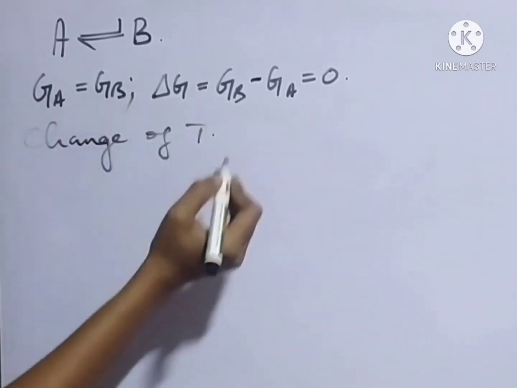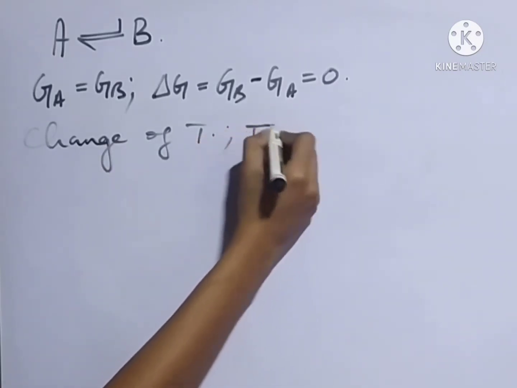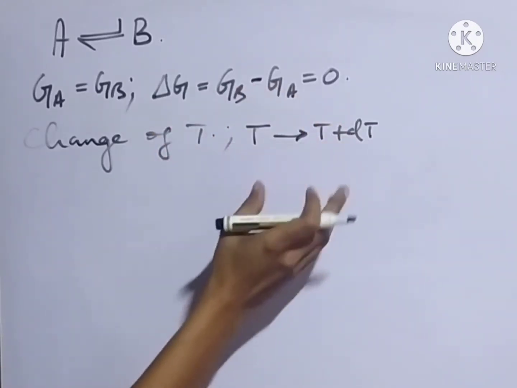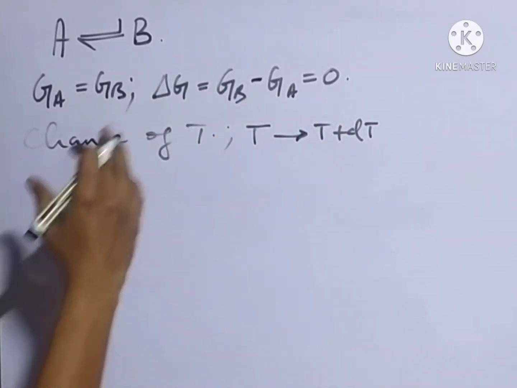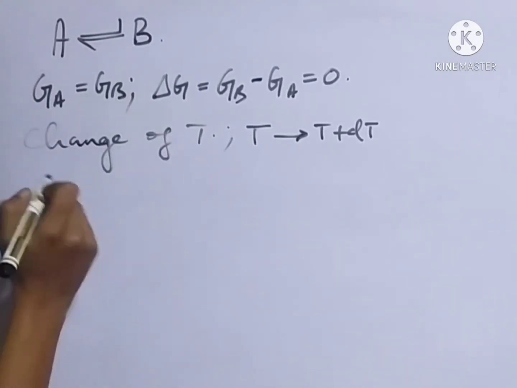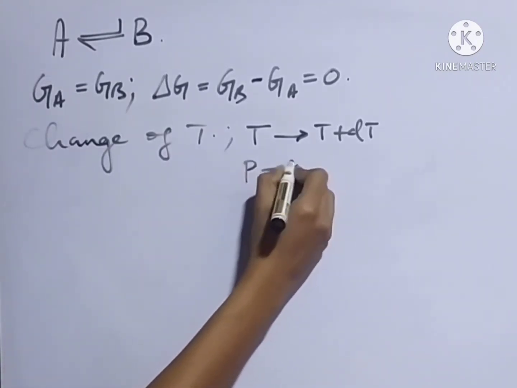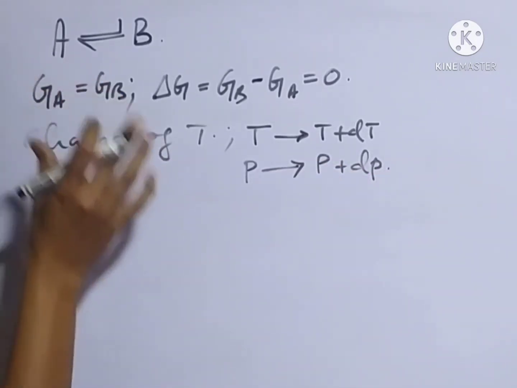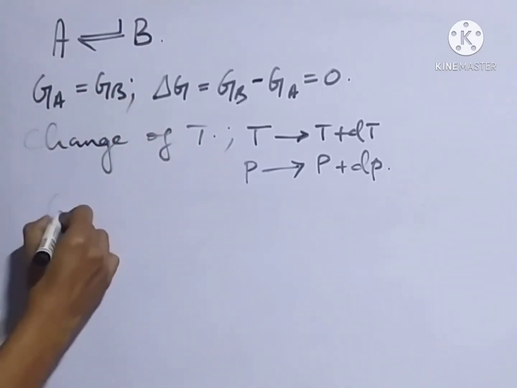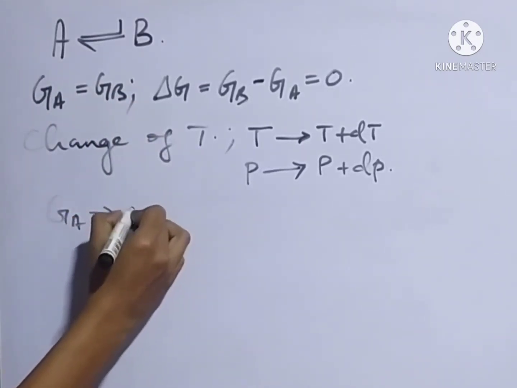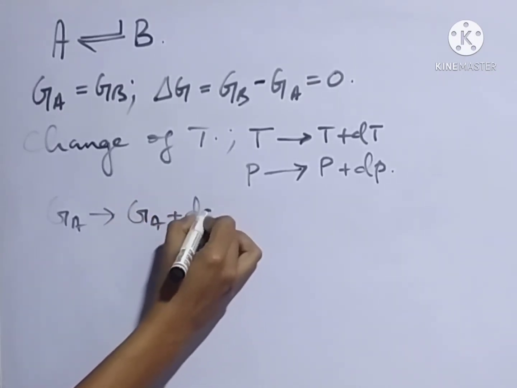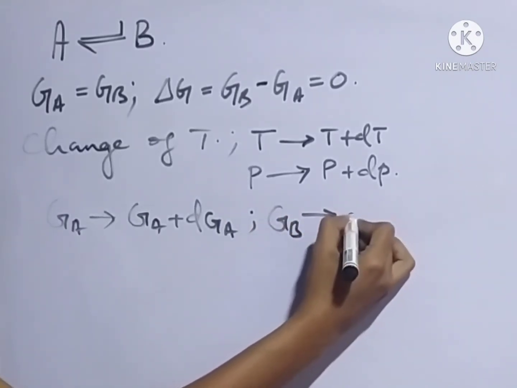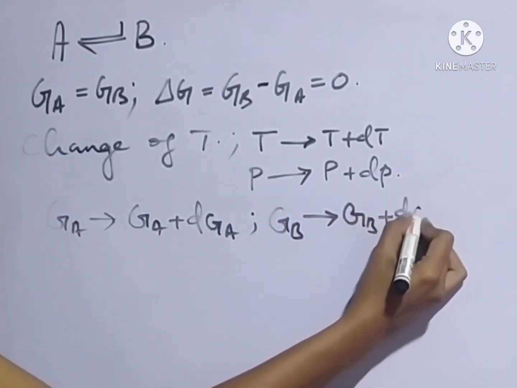So, if we change the temperature from T to T plus dT, that is, we are raising the temperature of the system, then pressure P changes from P to P plus dP, and the free energy of each state will be rearranged as GA to GA plus dGA, and GB to GB plus dGB.